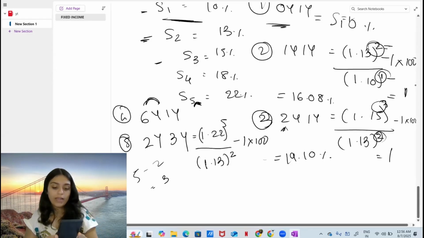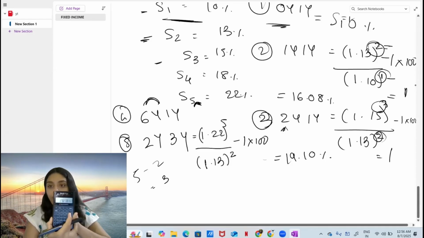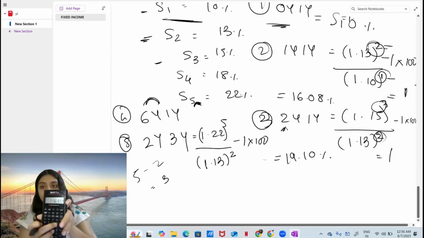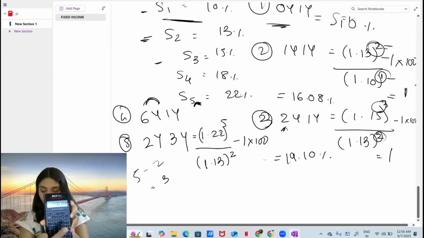First, you put 1.22 on your calculator, y to the x, 5, is equal to 2.7 something, storage 1. Then 1.13, y to the x, now it is 2, so you can just do x square. This will be your storage 2. Now recall 1 divided by recall 2 is equal to, you have got some answer, correct? Now, on this answer, again use the y to the x function, bracket.